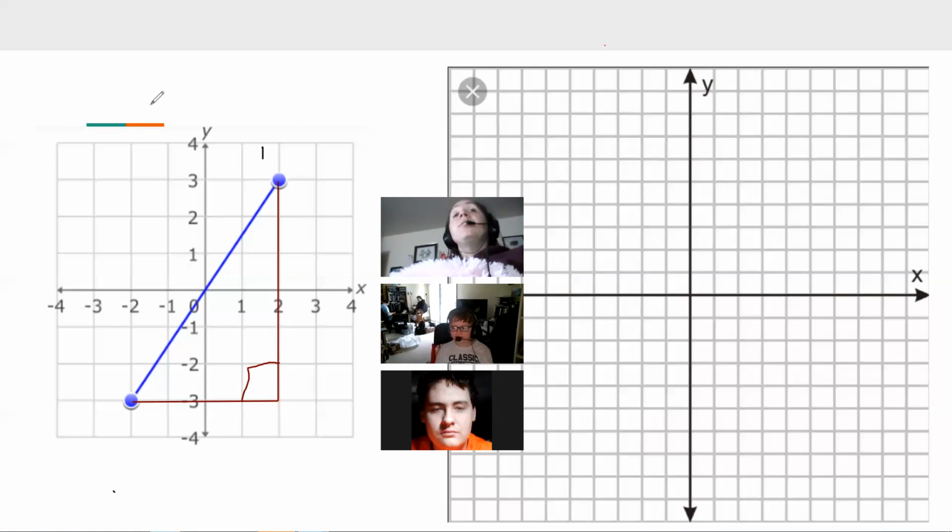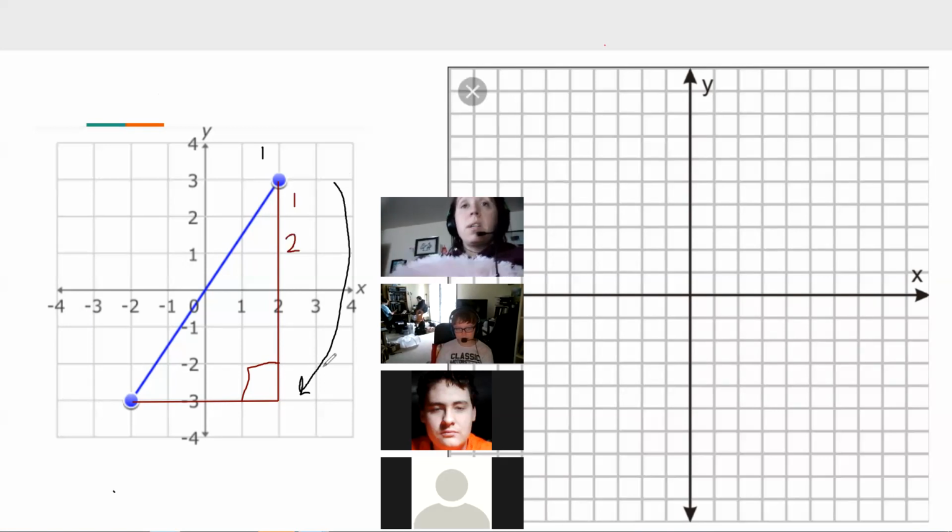Okay, so let's label those legs. What would I label this vertical leg here? How long is this guy? 6. Let's see. 1, 2, 3, 4, 5. Yeah, I totally agree. Do you guys agree?